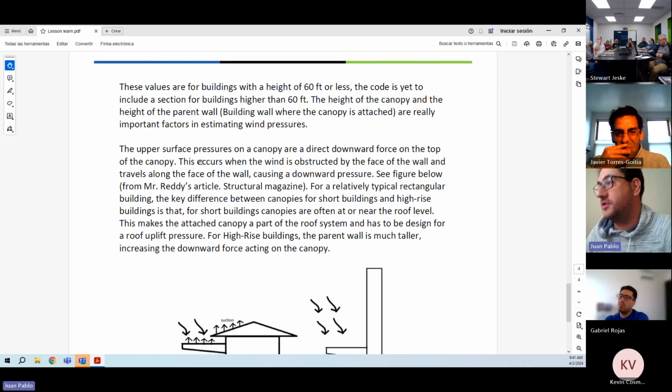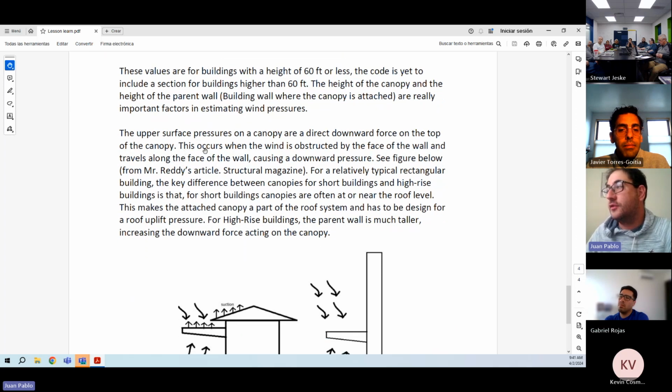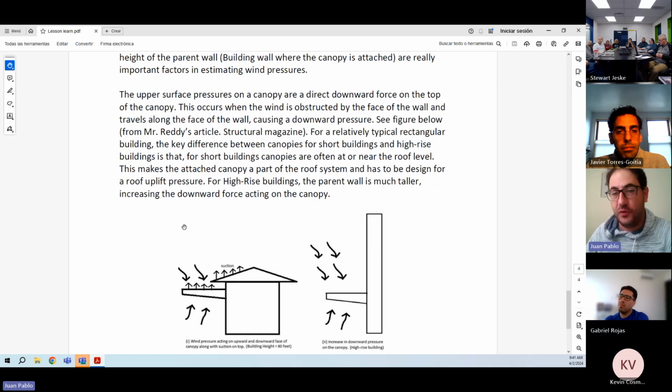The upper surface pressure on a canopy is a direct downward force on the top of the canopy. This occurs when the wind is obstructed. Imagine that the wind is coming from here, left to right, and it's obstructed by the parapet, by this wall, so it turns into pressure going down.